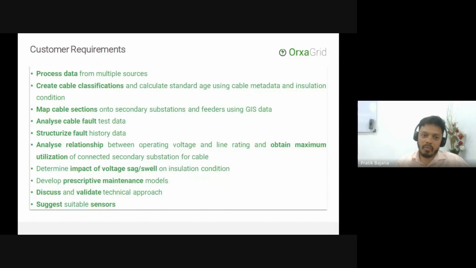When you do that from the geographical data and the electrical data, which have been given to you or you have acquired using your own IoT sensors, you definitely want to understand what set of faults these cable lines would get into. What is the structuralization of these faults in the history? You might have seen a PD fault or a joint failure in the past.